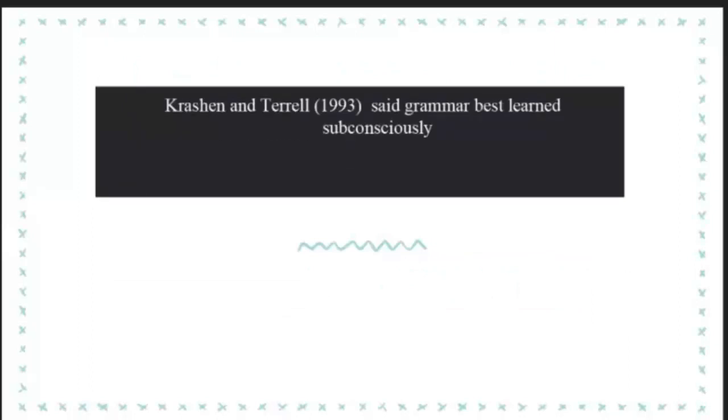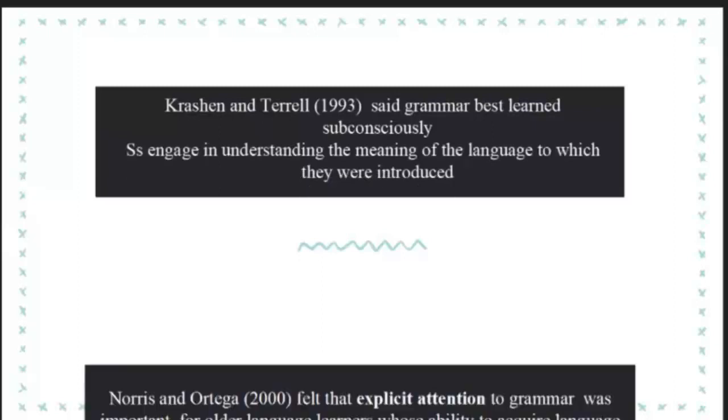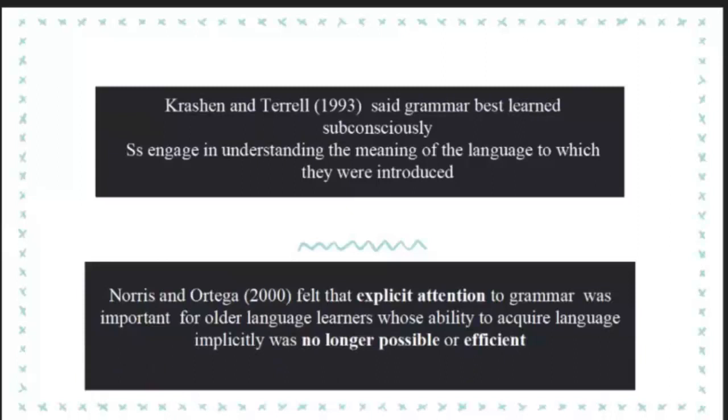In other words, grammar is best learned subconsciously, and students get engaged in understanding the meaning of the language they are introduced to. However, according to Norris and Ortega, for some older language learners explicit grammar is necessary and important, because their ability to acquire language implicitly is past its peak and not effective at all.